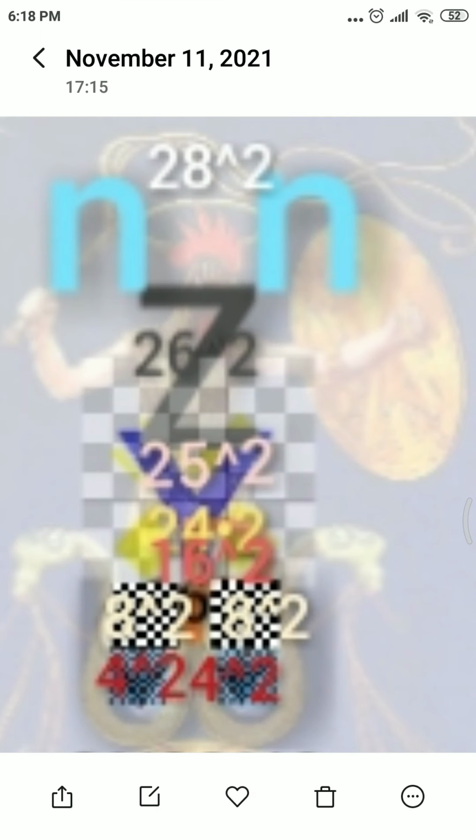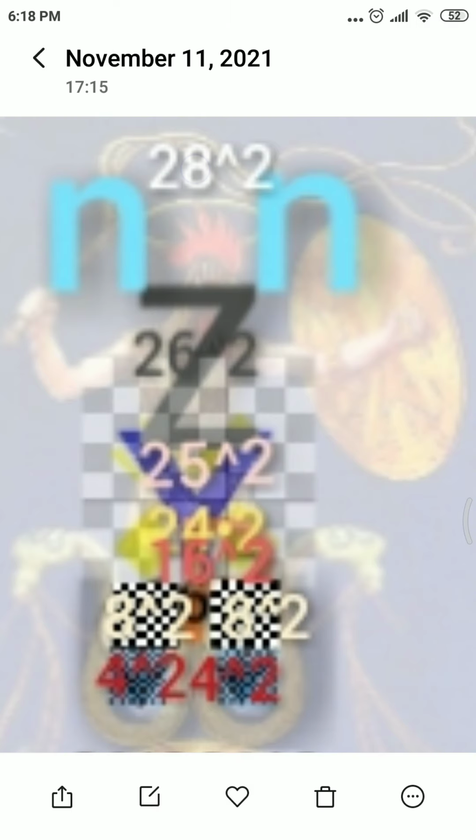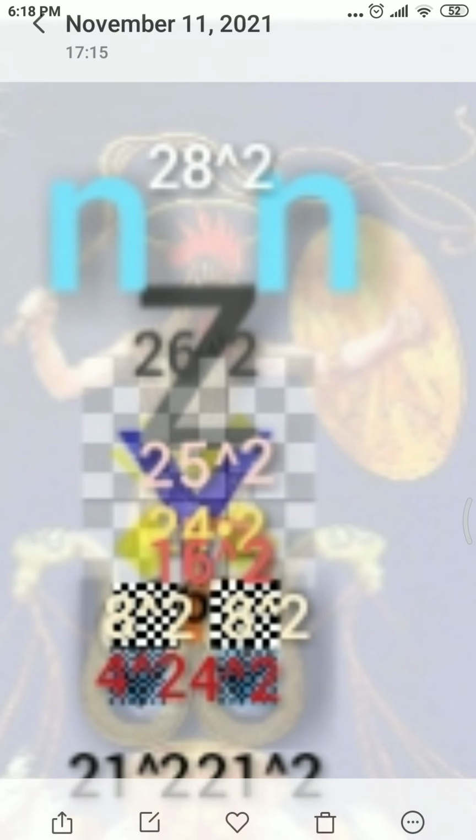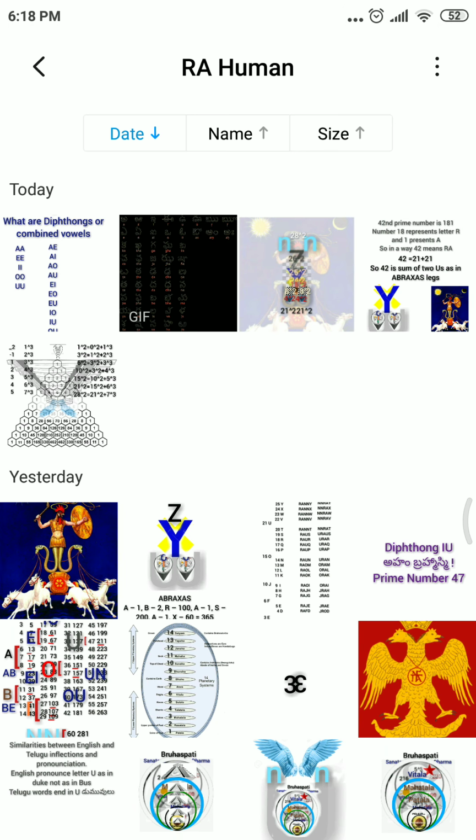Again, 28 squared has the 8th dimension having 7 and 6 on either side.